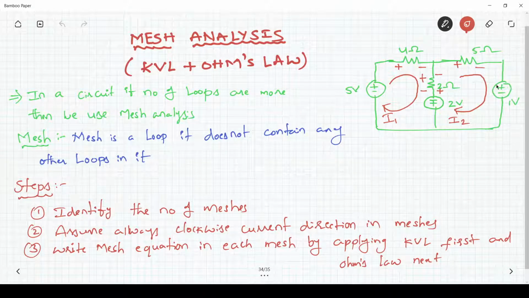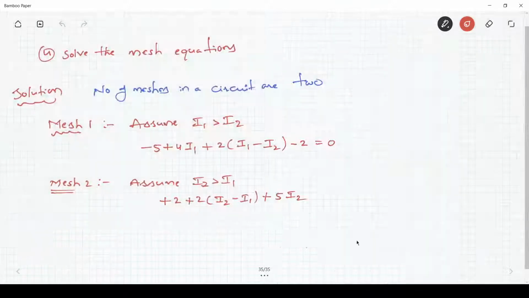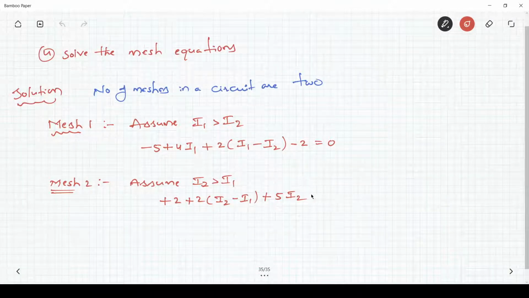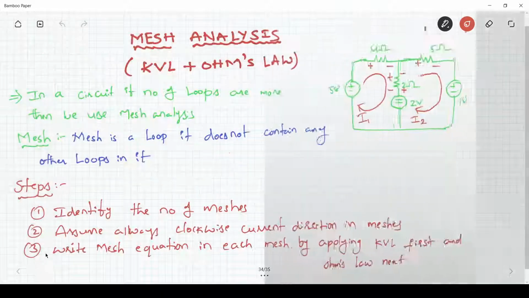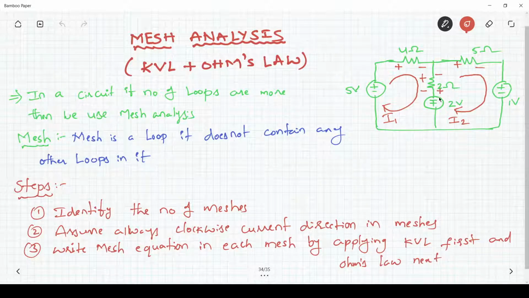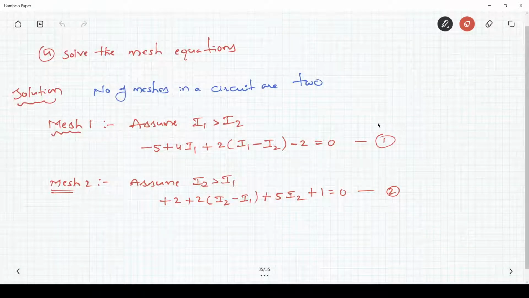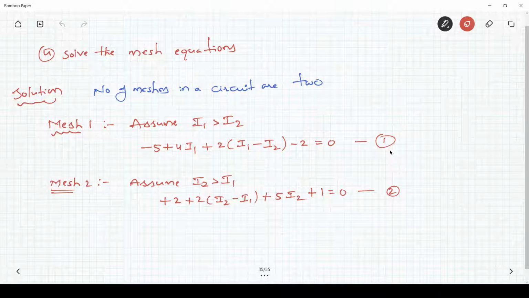It first touches the positive terminal of the battery. So it is plus 1 equal to 0. So the number of mesh equations is 2, because the circuit has 2 meshes, we are getting 2 mesh equations.